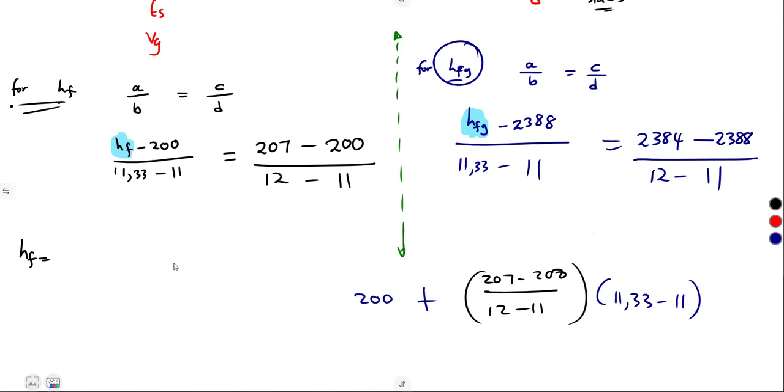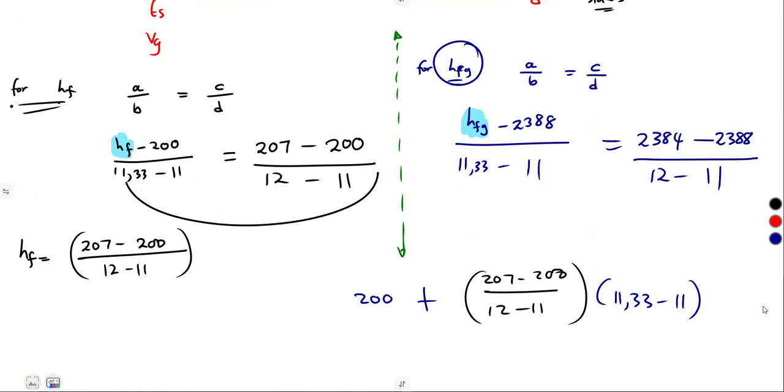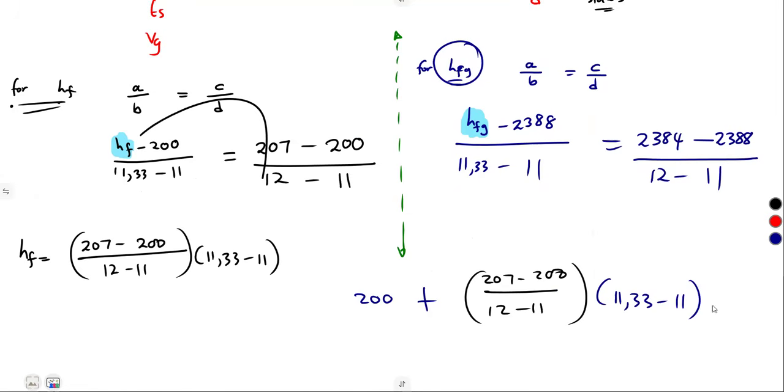If you do not want to be mistaken, you can just say what I have originally, 207 minus 200 over 12 minus 11, all right, times this denominator of 11,33 minus 11. Then I'm going to add the 200 after everything.